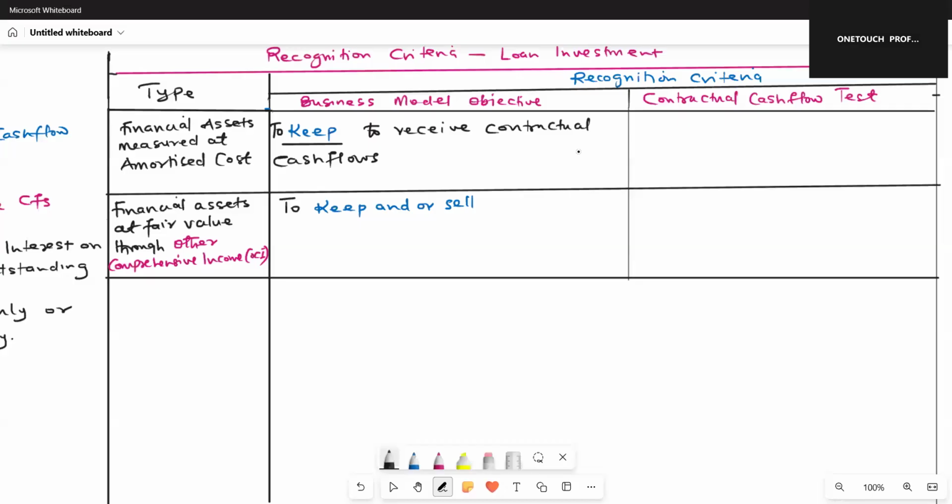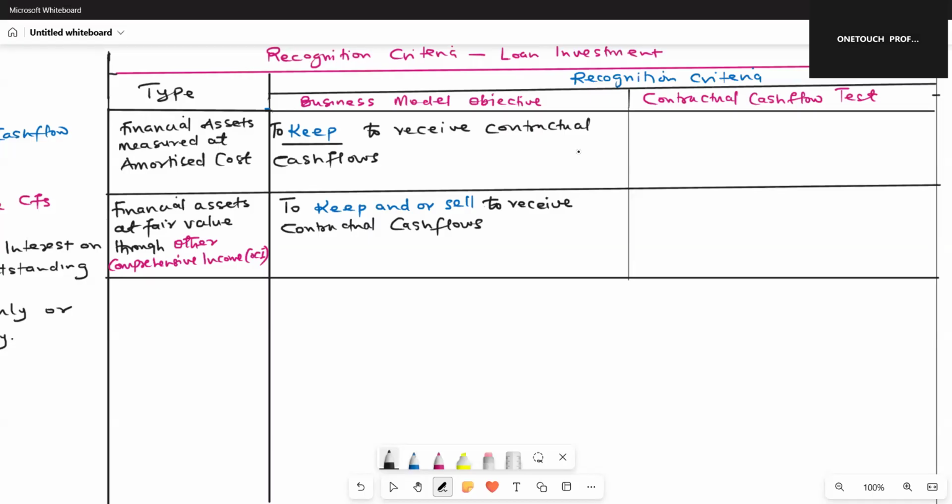To keep and or sell, to receive contractual cash flows. So you see, that's the difference between financial assets at amortized cost and then at fair value through OCI, if it's a debt instrument.